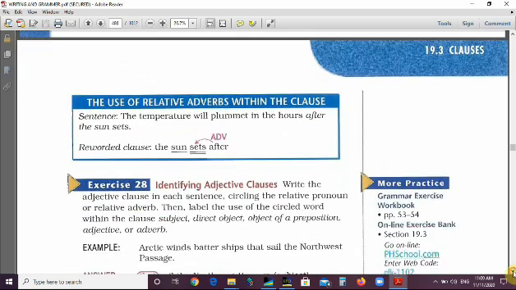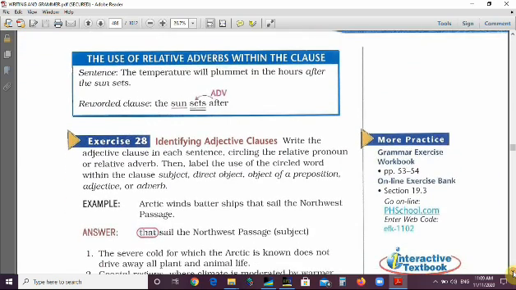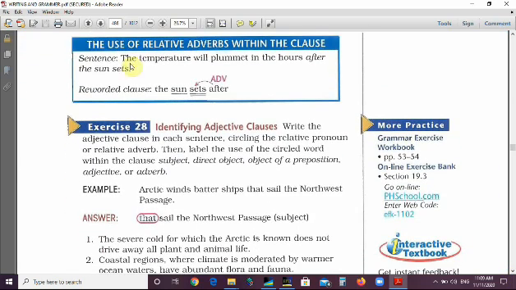We have an example here of the use of relative adverbs within the clause. The temperature will plummet, go down, in the hours after the sun sets. Reworded clause: the sun sets after. So this is an adverb because it modifies a verb.